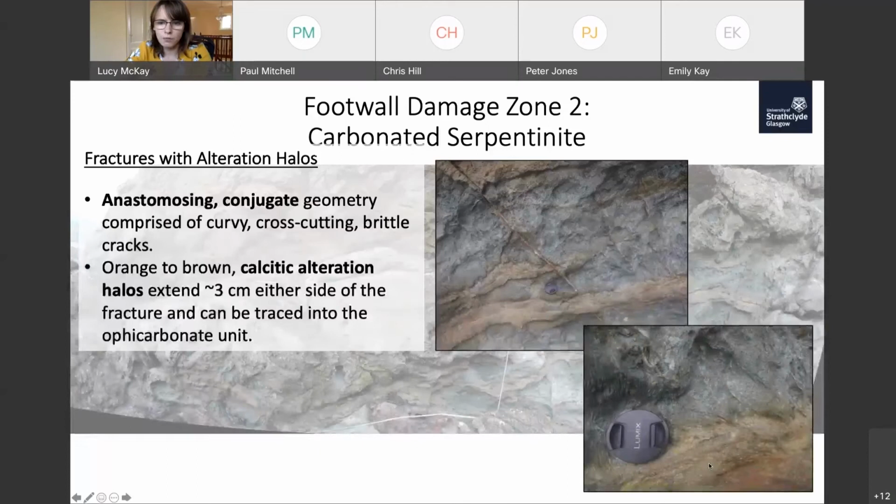These fractures have an anastomosing conjugate geometry, comprised of curvy, cross-cutting, brittle cracks, and it's got calcitic alterations which extend approximately 3 centimetres either side of the fractures. And the alteration follows the same geometry as the fractures themselves.